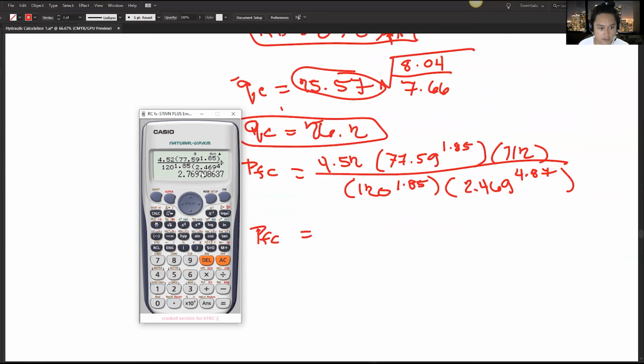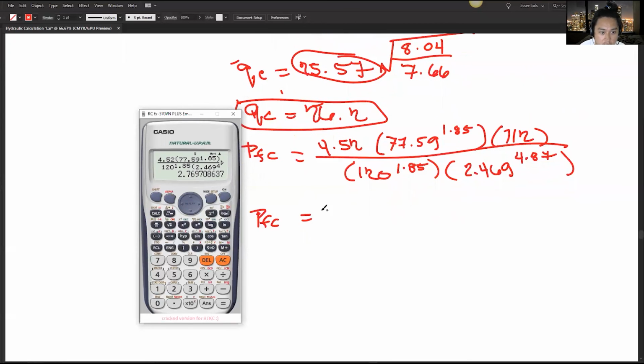I hope I did not miss anything. I'm just going to review it because I don't want to miss the calculation. Okay, that's 4.52 times 77.59 raised to the power of 1.85 times 112 all over 120 raised to the power of 1.85 times 2.469 raised to the power of 4.87. This is equal to 2.769 or 2.77. So we've got now our PFC.